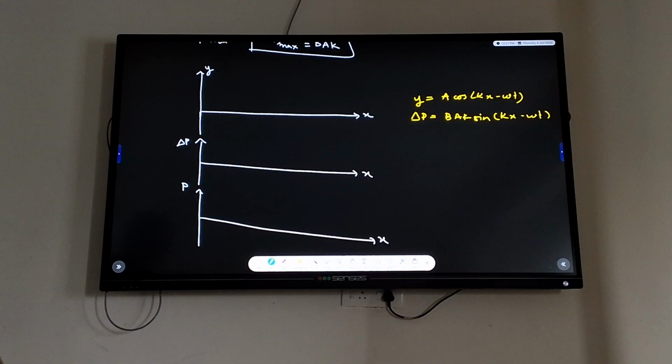Tell me, if that is so, then what's the difference? What's the difference between these 2 waves? What is the thing that is same in these 2 waves? What is same? You are saying something? Amplitude is same.